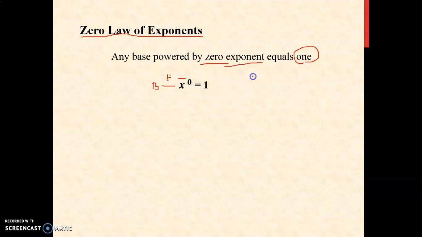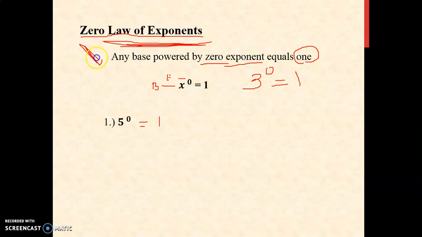Going back to our previous question, what is the value of 3 raised to 0? Based on the exponent law, it is equal to 1. Let us take a look at this one. Very obvious. 5 raised to 0, your exponent is 0, then that is equal to 1, considering this law.